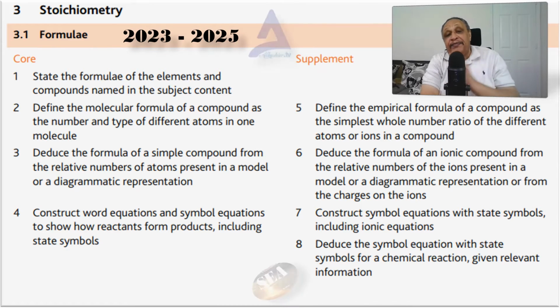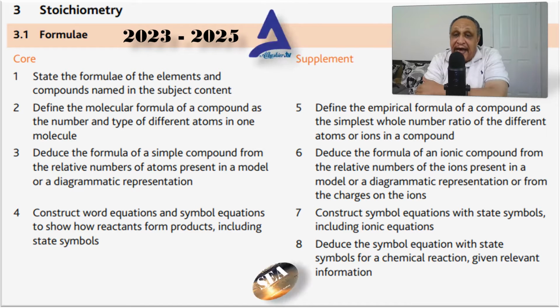And then the supplement has 4 more, which start with: define the empirical formula of a compound as the simplest whole number ratio of the different atoms or ions in a compound.